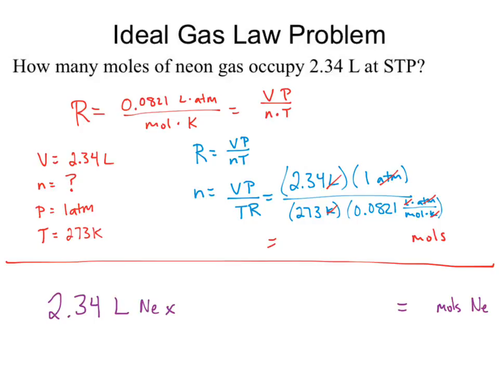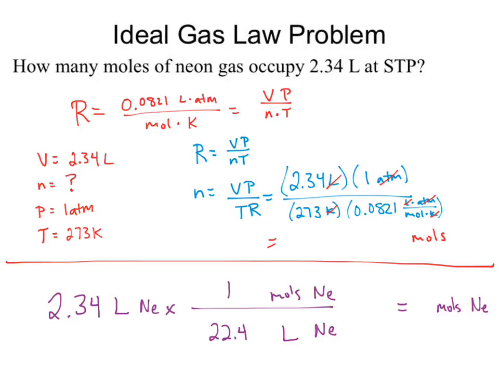Because we are at STP, we also know that the liters and moles of neon are directly related. We have a conversion factor for that. What is that conversion factor? 1 mole is 22.4 liters. In a single step conversion, we'd end up with our answer. Yes, the bottom one is quicker and faster, but it only works at STP.